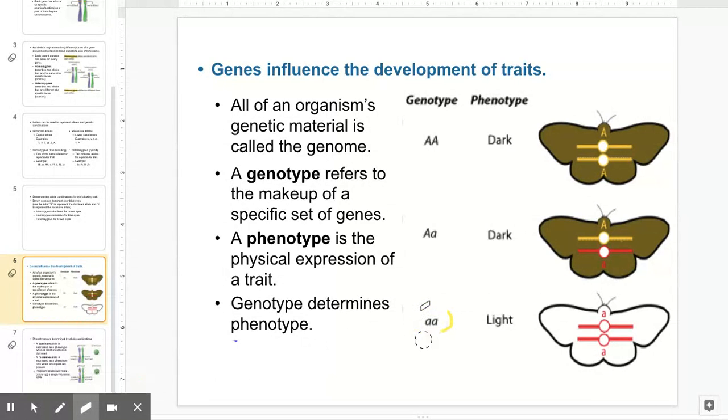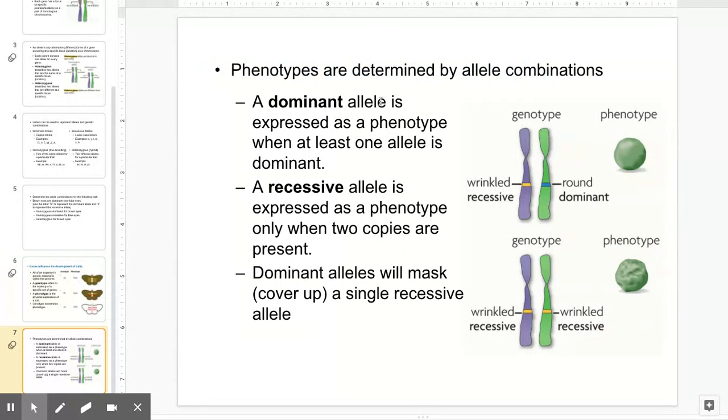Okay, and in the next slide, we've got our last little summary of what is happening. Here is explained the concept of dominance versus recessiveness. So depending on the letter combinations, the allele combinations, that will determine the phenotype or how the organism looks. Dominant alleles will show even if there's just one copy.